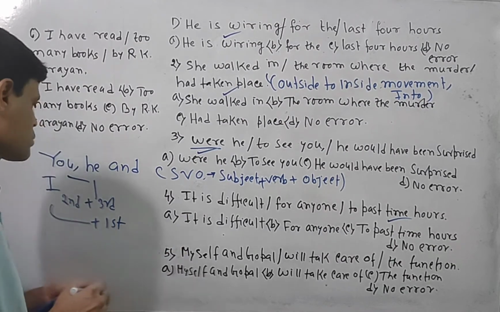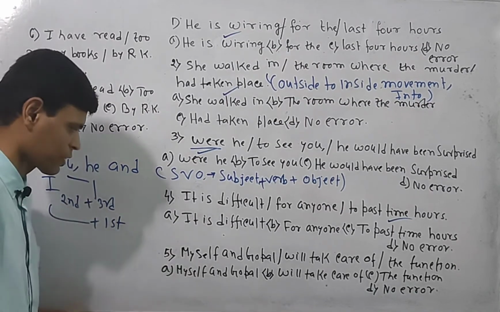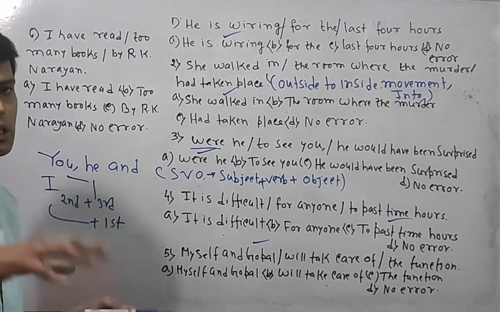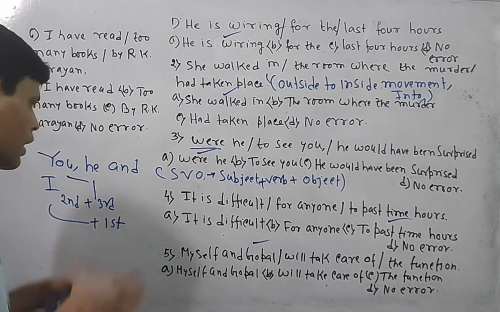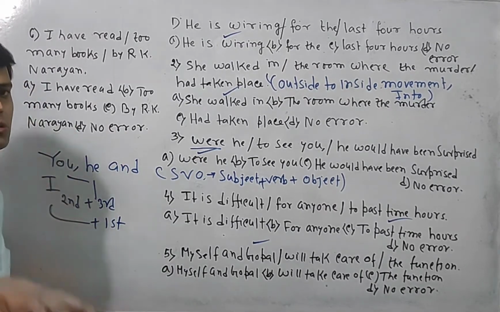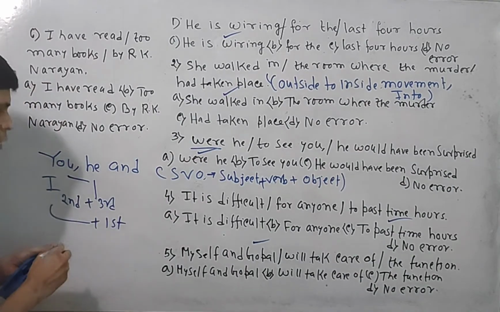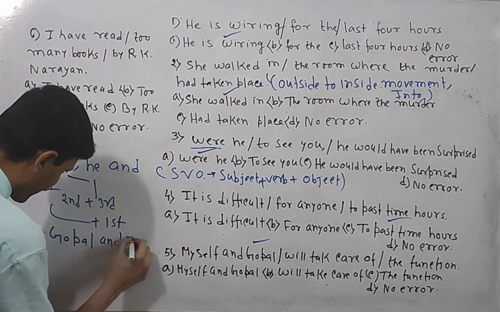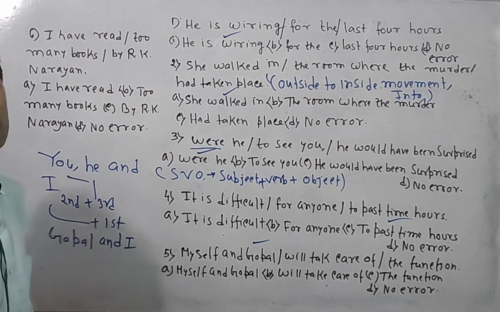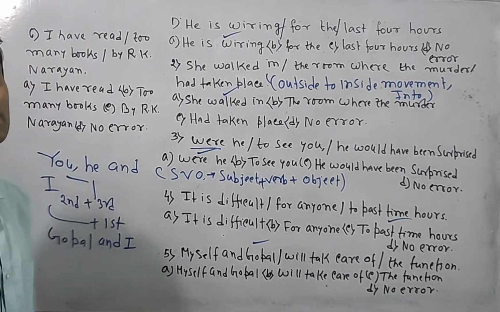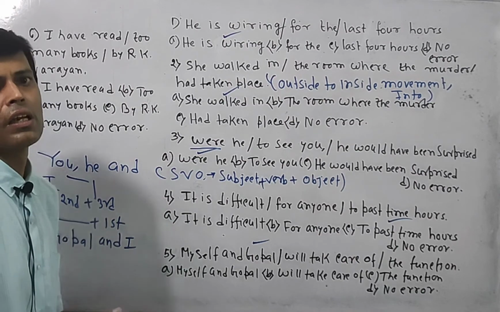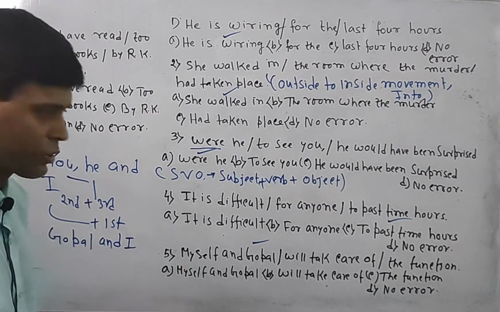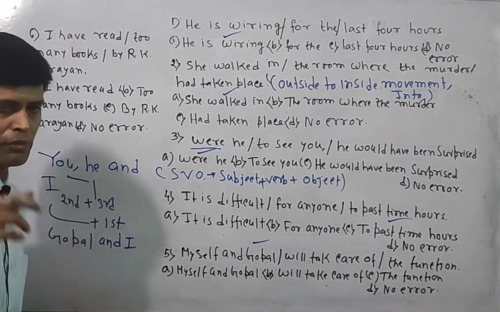Now here there is no case of any second person, rather third person is there. So after the third person, we should always pounce on the first person. So here the order should have been like Gopal and I. First thing, myself cannot be the subject at all, because myself in a sentence can either function as reflexive pronoun or emphatic pronoun depending on the sentence construction, but myself cannot be the subject, number one.